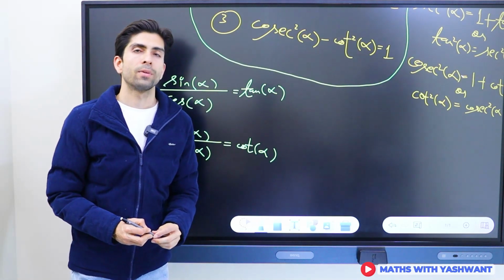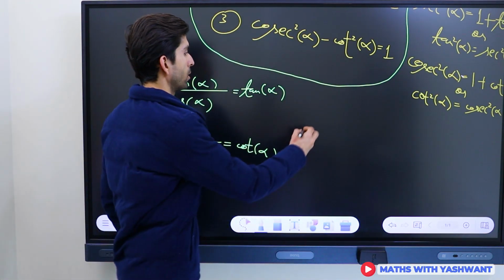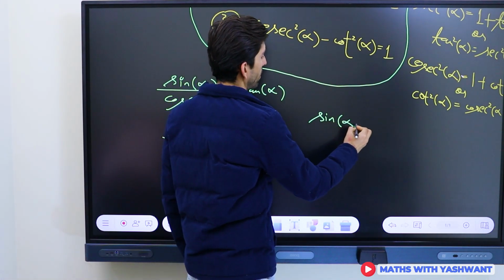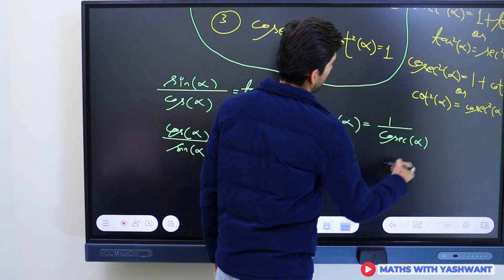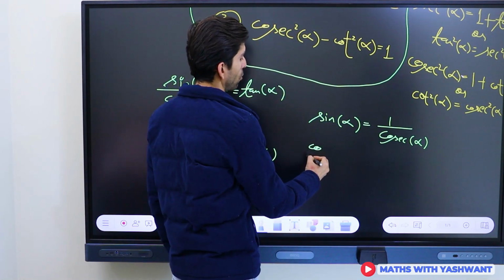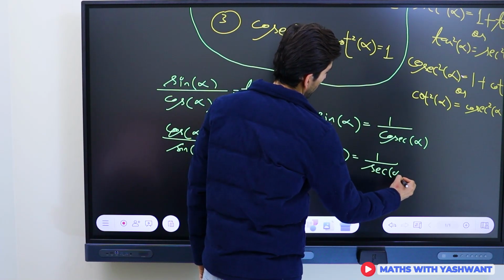Then we have reciprocal relationships between the trigonometric ratios, like you must be knowing that sin alpha is equal to 1 by cosec alpha. Then we have cos alpha, which is equal to 1 by sec alpha.